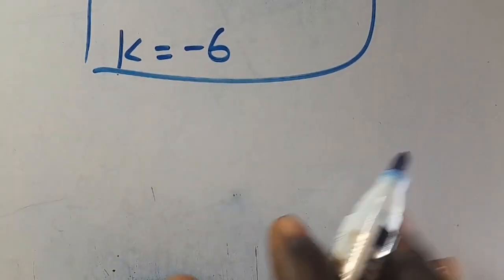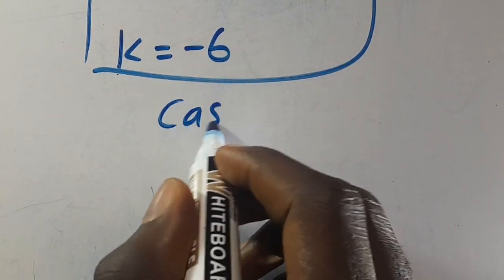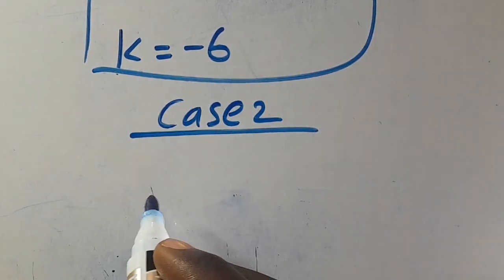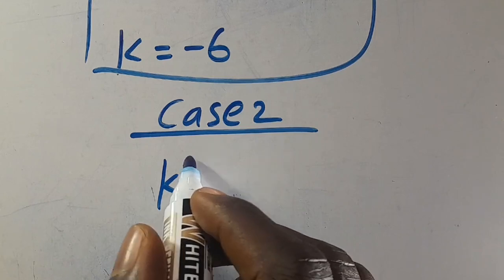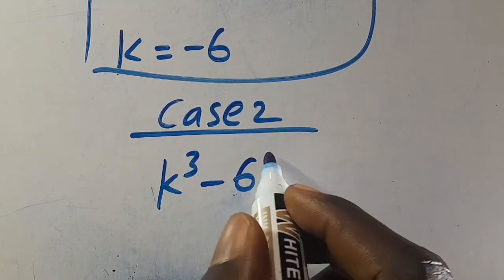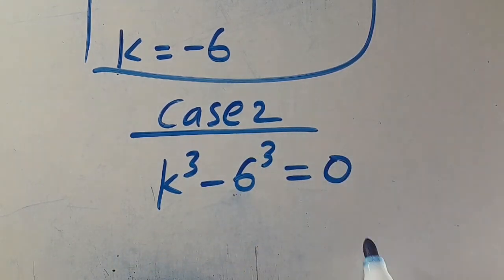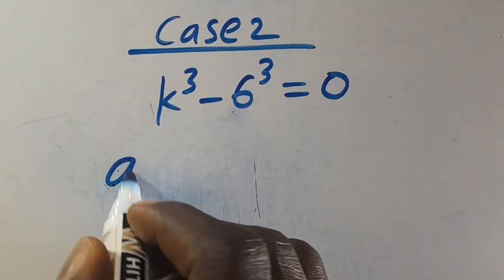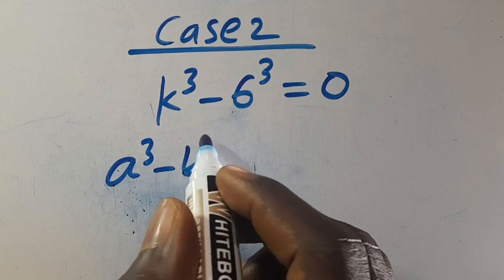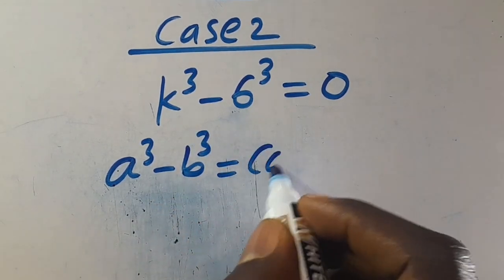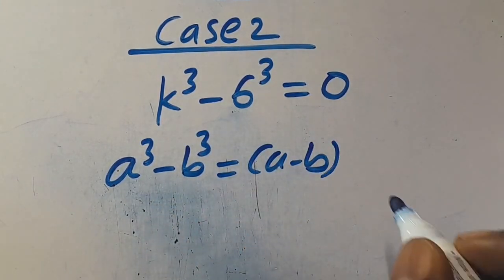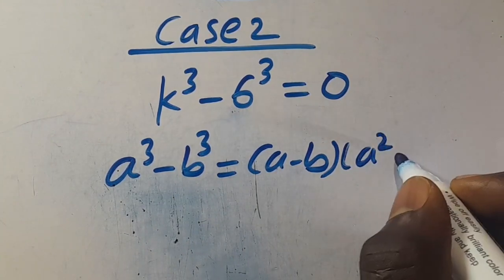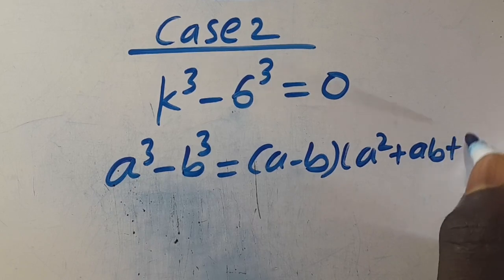Then for case 2, where we have k to the power of 3 minus 6 to the power of 3 equals 0, when we have a to the power of 3 minus b to the power of 3 equals a minus b multiplied by a squared plus ab plus b squared.